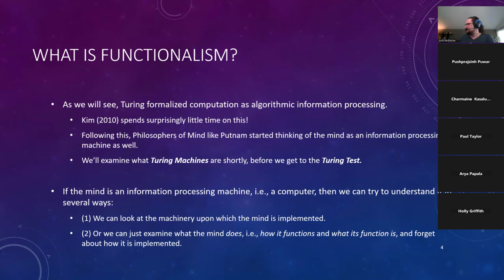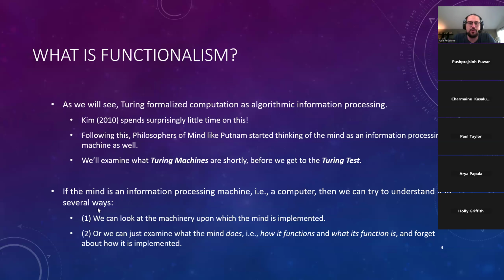So we're very used to thinking of computers as machines, which of course they are, but what computers really are is information processing systems. And when we say that we are also computers, what we mean is that our minds are information processing systems.